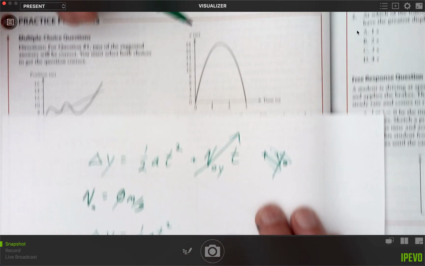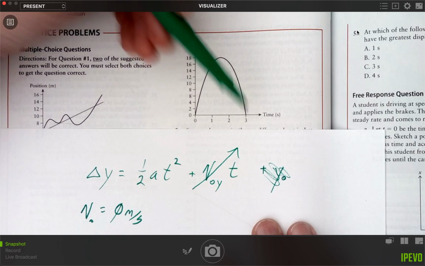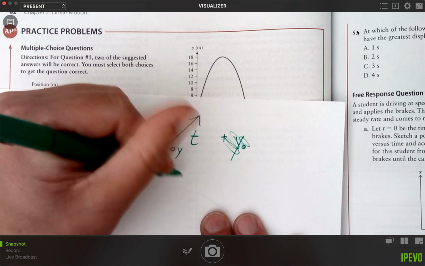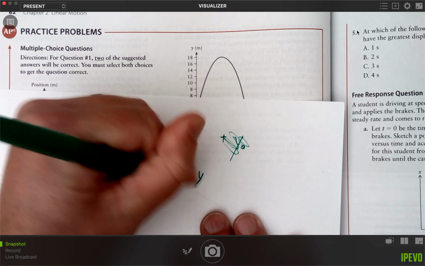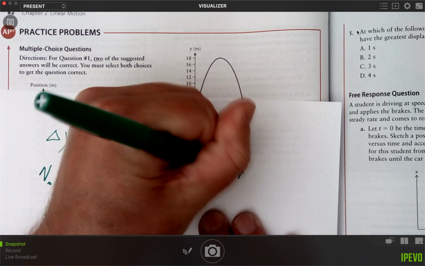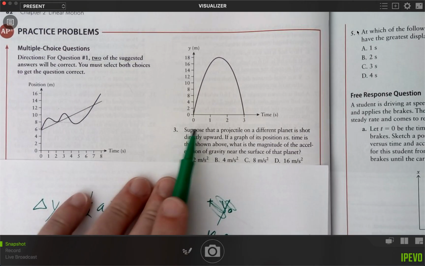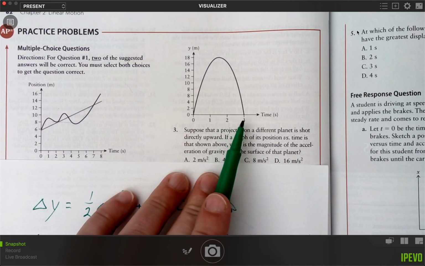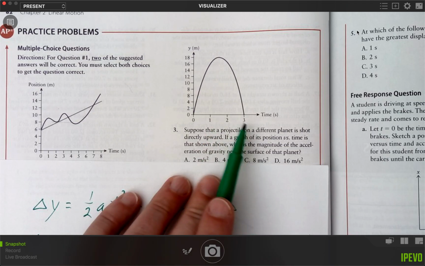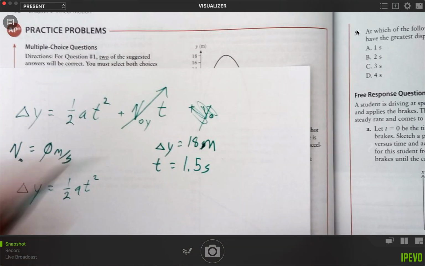So in other words, if I come back to my graph, if I drop it from this highest point all the way down to the ground, it's going to go from 18 meters back down to 0. So now I also know my change in y is going to be 18 meters. So I know it's going to fall 18 meters. And how long is it going to take? Well, if it took 3 seconds to go up and down, that means it took 1.5 seconds to just go down. So I know now my time is 1.5 seconds.